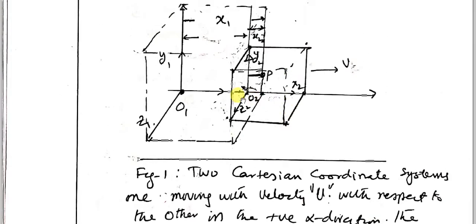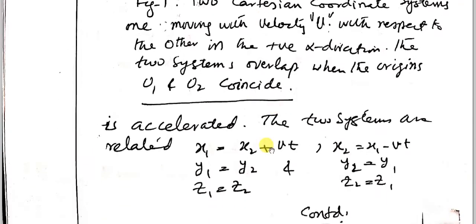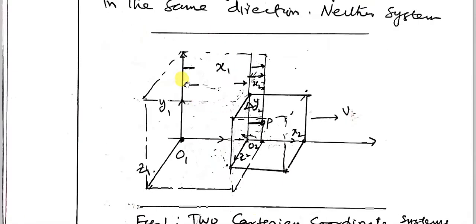So here you can see system 2 has traveled a distance v into t in time t. So the total x1 distance is x2 plus vt.